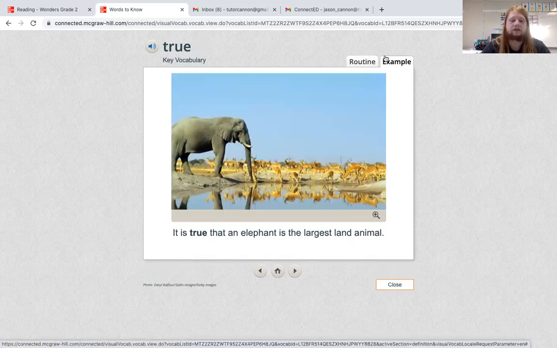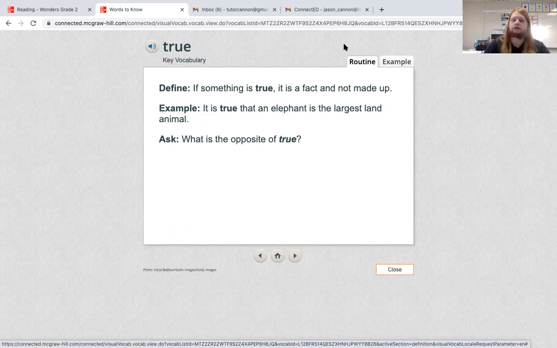True. It is true that an elephant is the largest land animal. True. If something is true, it is a fact and not made up. So, Mr. Cannon teaches in room 4. That is true because I teach in room 4. Mr. Cannon can have up to 12 students at a time, even though he doesn't.